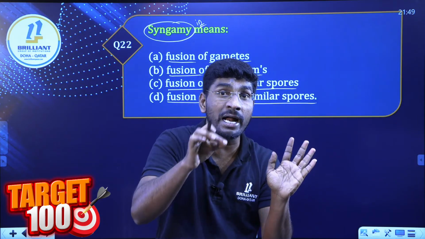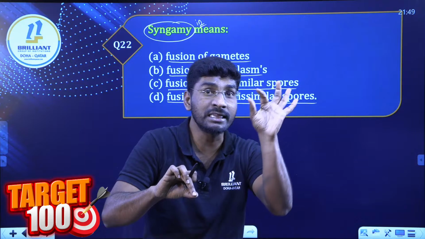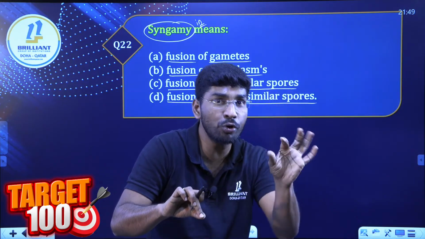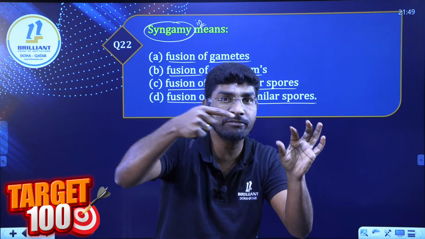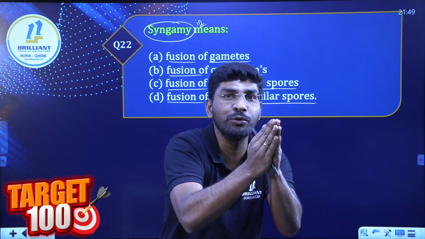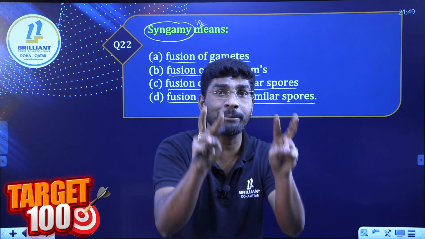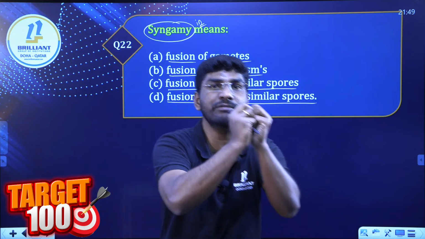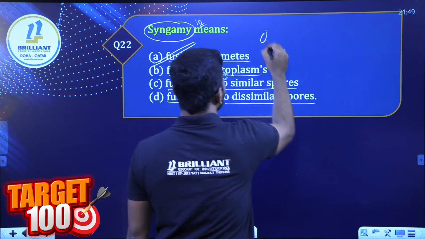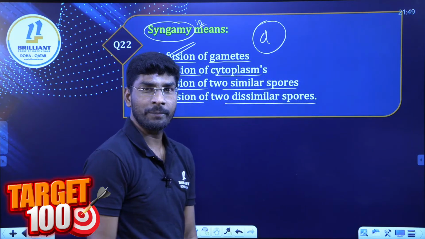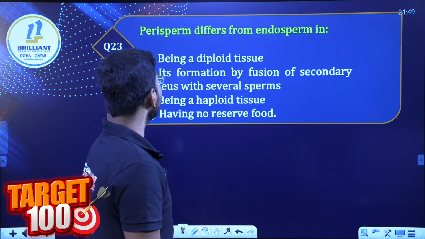After meiosis 2 is complete, the ovum forms. The egg nucleus and the sperm head, whatever haploid nucleus is there, will go and fuse. Remember, syngamy means two haploid gamete nuclei fuse to form a diploid zygote. So I can go with option A. Don't get confused.